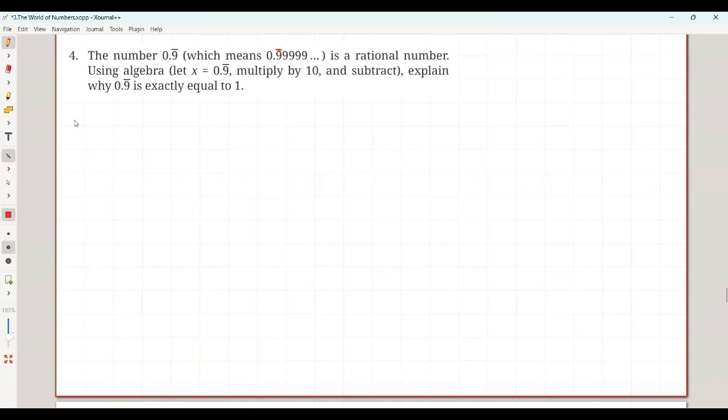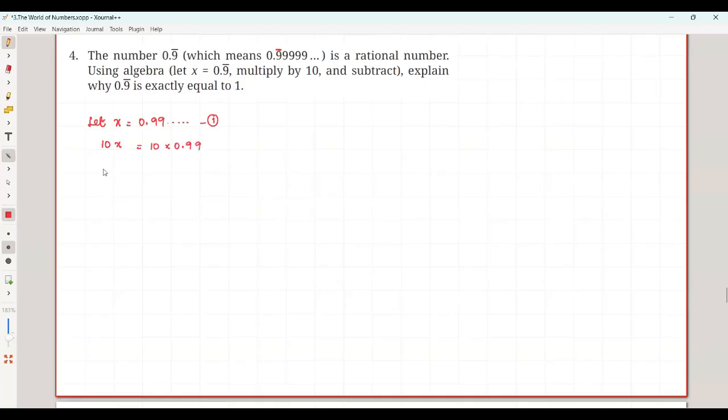So first let x is equal to 0.9 bar, which is 0.999 and so on. This is our first equation. As only one digit is repeating, I have to multiply by 10 on both sides. So 10x is equal to 10 into 0.99.